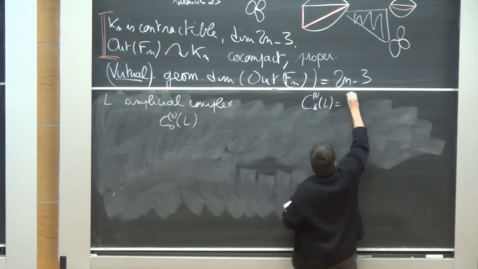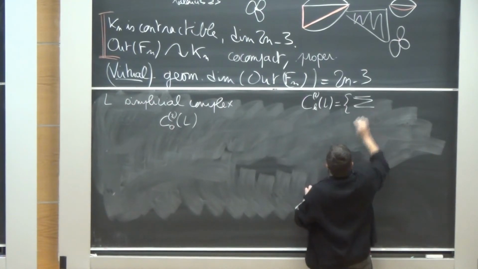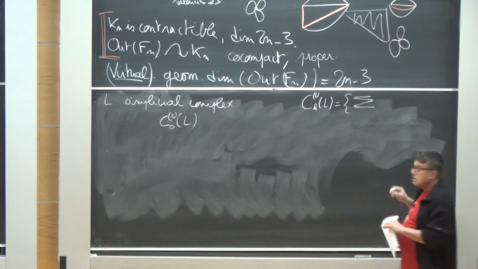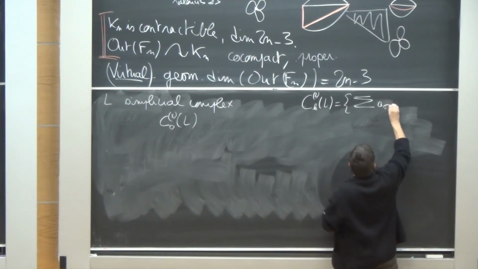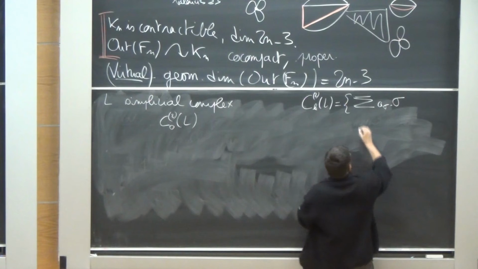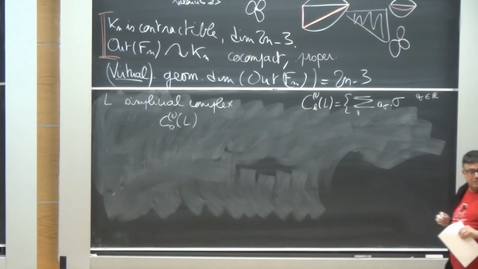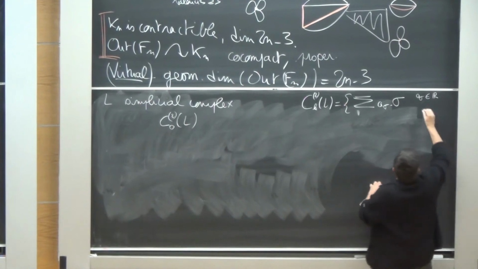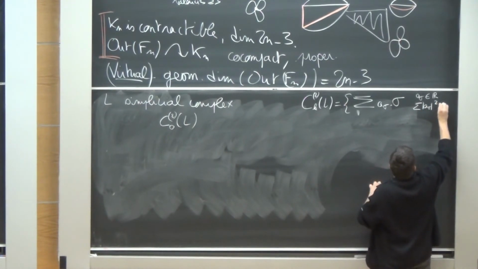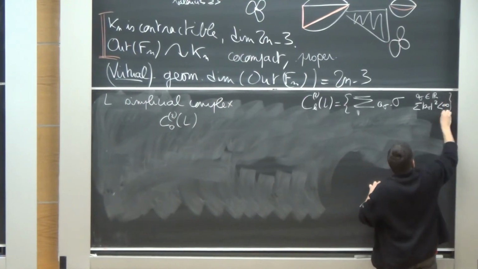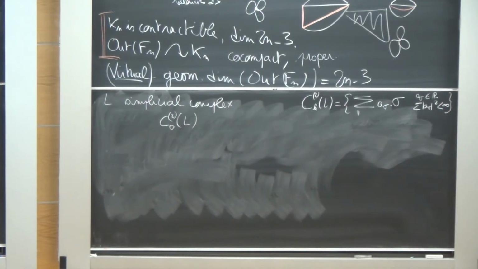of L? This is the space of formal combinations, sum of a_sigma sigma, with a_sigma in, let's say, R or C, or Q, and the sum of a_sigma squared is finite.